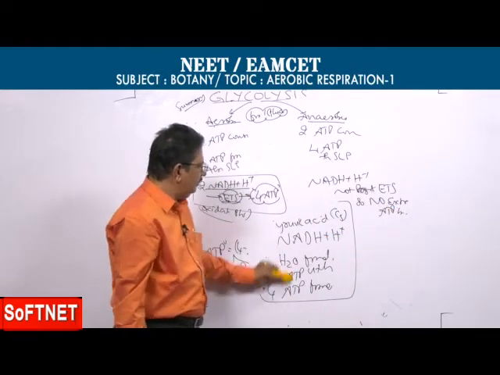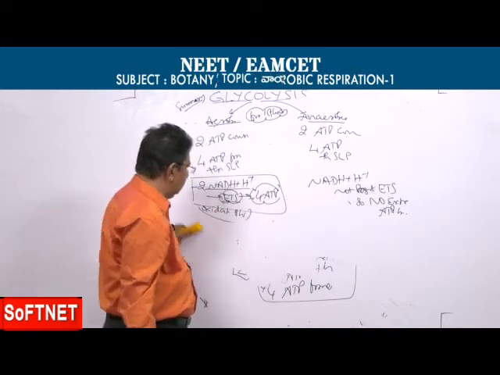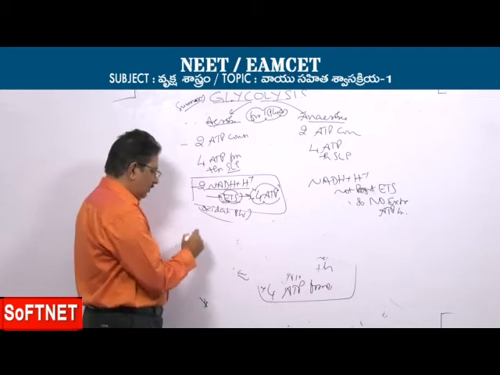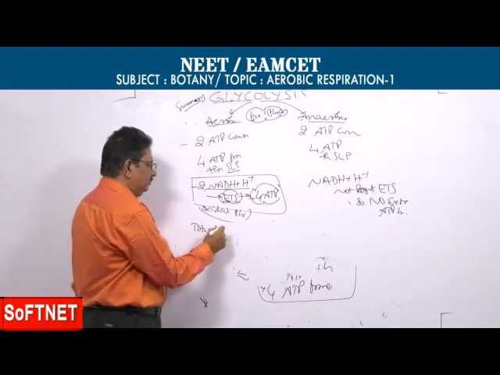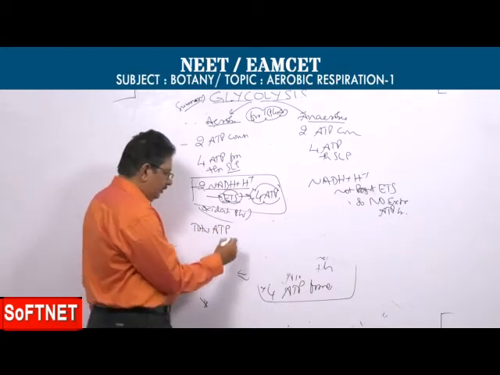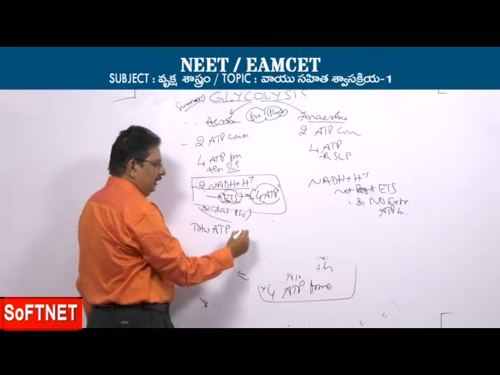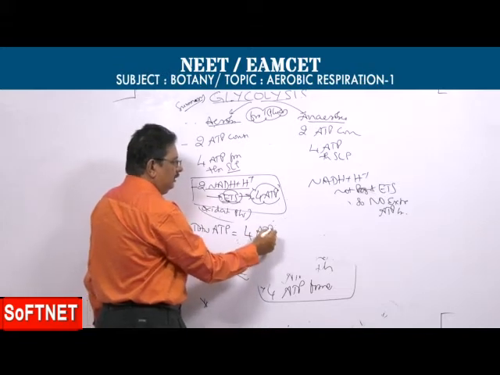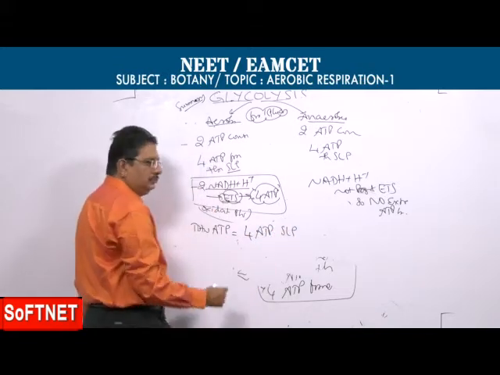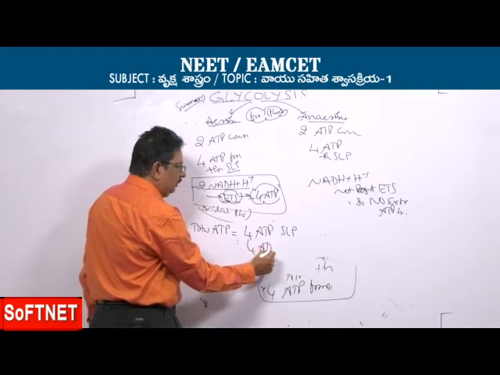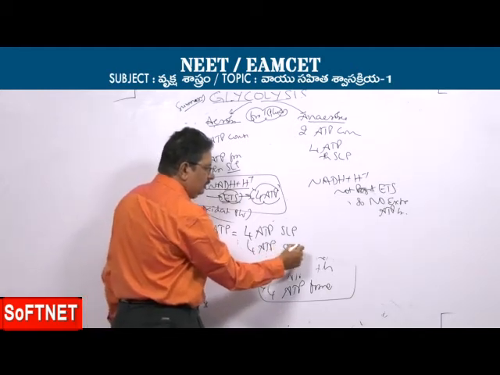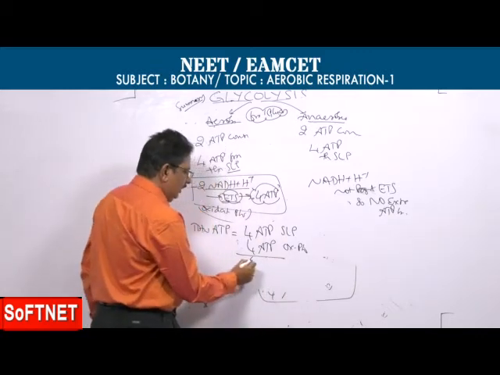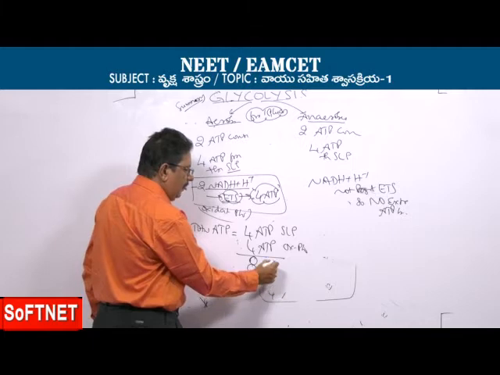So, finally, in aerobic glycolysis, considering the SLP and oxidative phosphorylation, the total ATP formed is 4 ATP through SLP and 4 ATP through oxidative phosphorylation, that is 8 ATP.